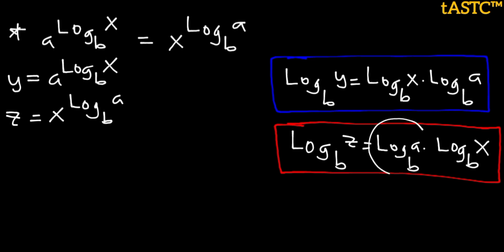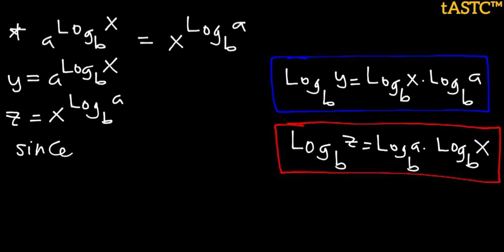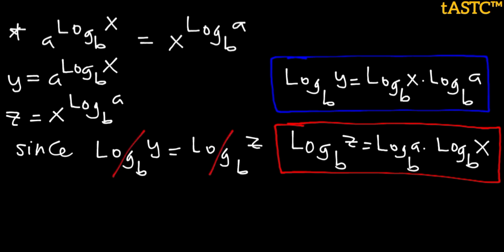You can find out this is also here, and we also have this to be here. So because we have that, that means this is equal to this. Okay? So since you got log to the base b of y equal to log to the base b of z, that means we can cancel these out. So that is going to help us find y to be equal to z.